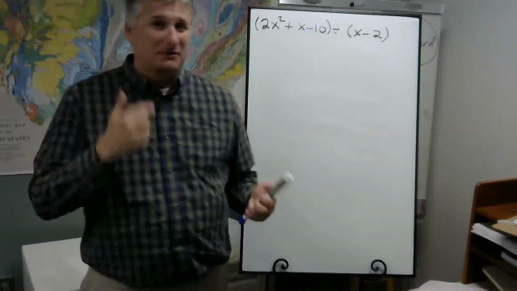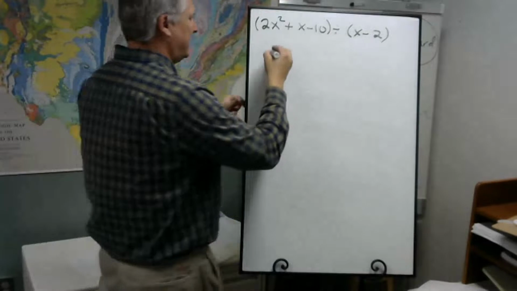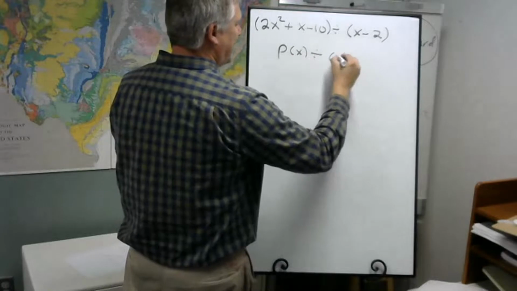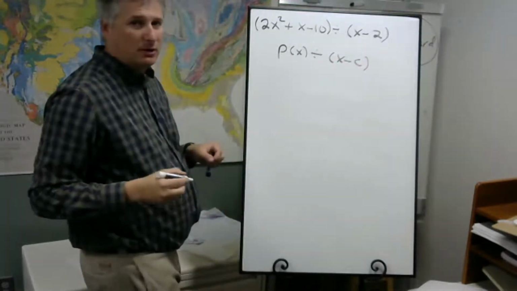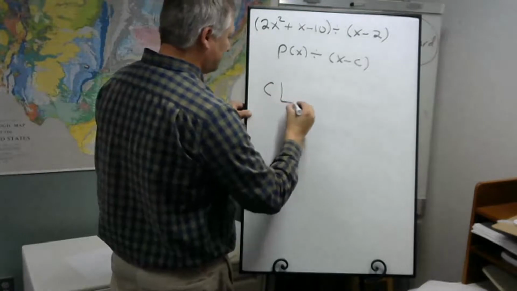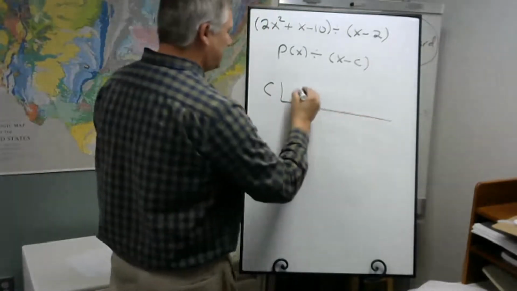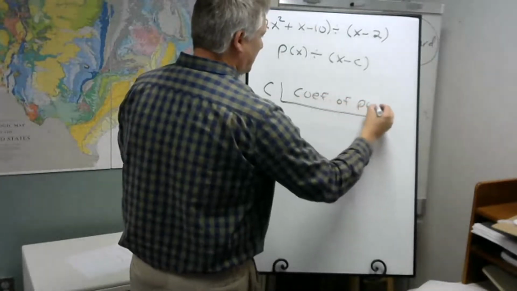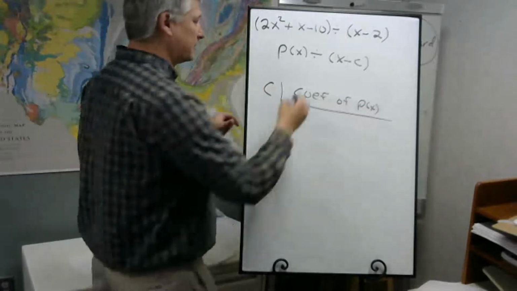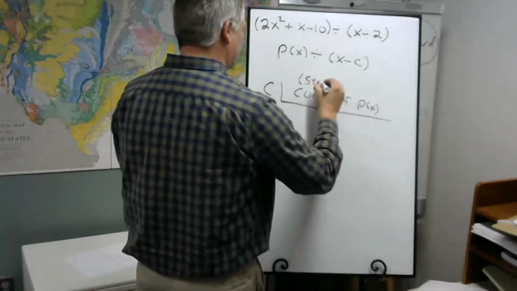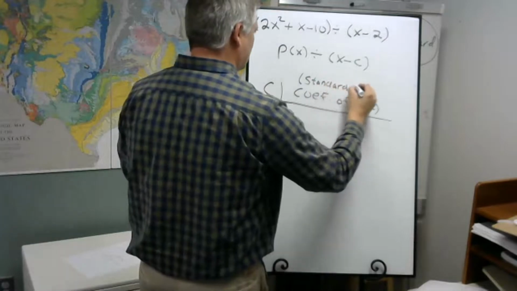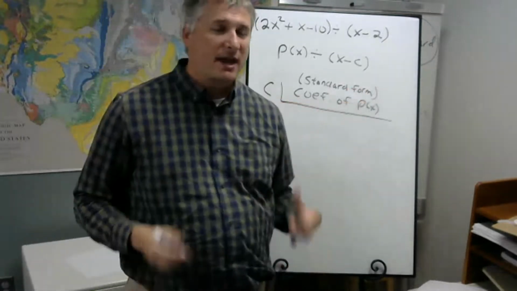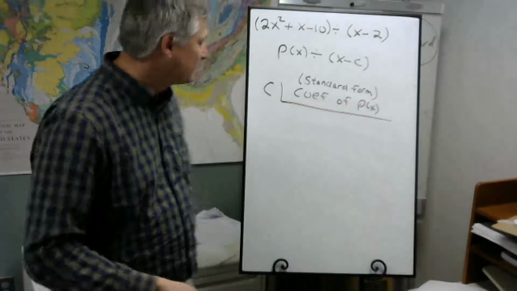So the way synthetic division works is this. If you have p of x divided by x minus c, what you do is you take the c and you put the coefficients of p of x. And again, these need to be in standard form. You just list the coefficients of p of x after p of x was put in standard form.